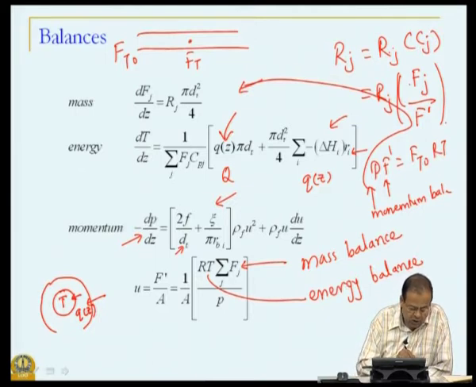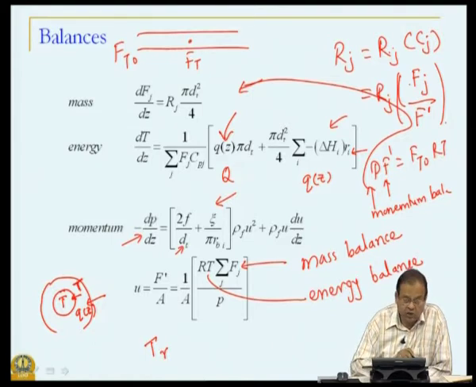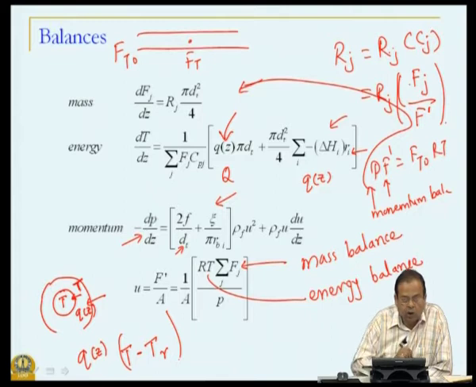I can express it in terms of the temperature of the flue gases that I am passing through. So, I can bring in the reference temperature TR, which again will change along the length of the reactor, and Q of Z is then related to the temperature difference between inside the tube and outside the tube, TR minus T.